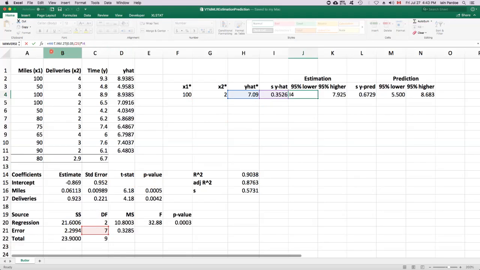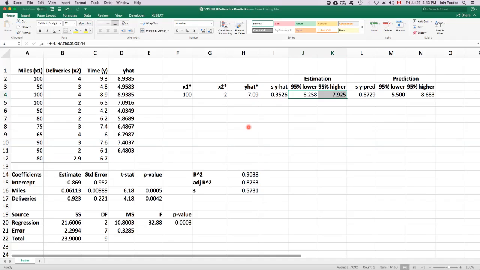So that's our margin of error, that t percentile times the standard error of estimation. We subtract it from y hat to get our lower bound, and add it to y hat to get the upper bound. These two numbers give us the confidence interval for the mean, so we can say that we're 95% confident that the mean travel time for all trucks that travel 100 miles and make 2 deliveries is in our interval.